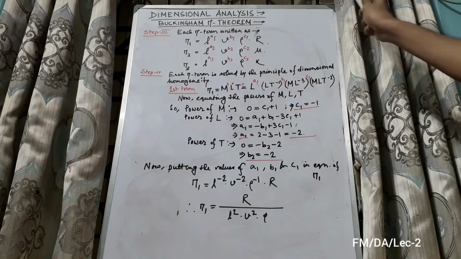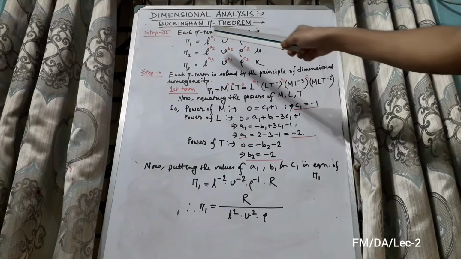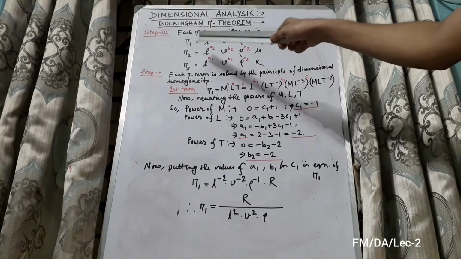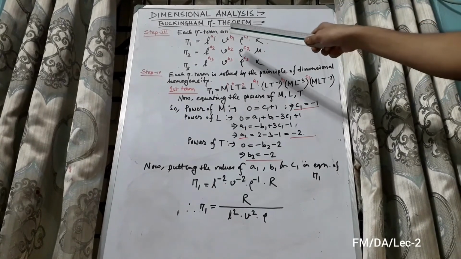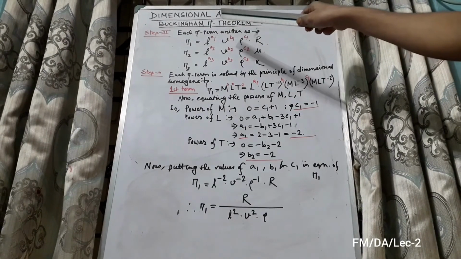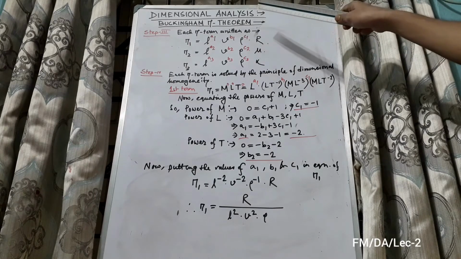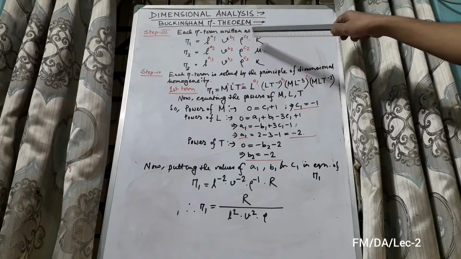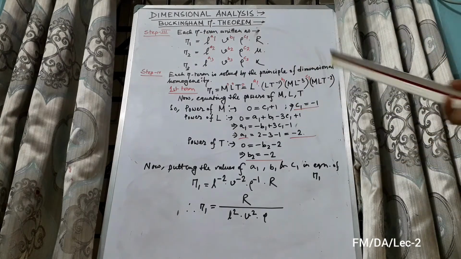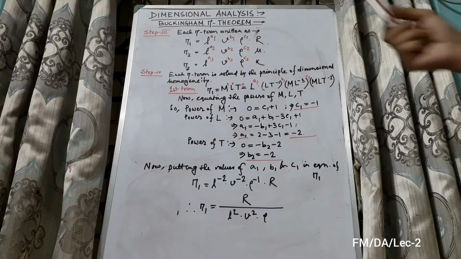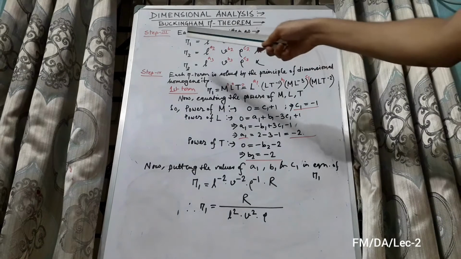M plus 1, so these 4 variables are there in each equation. Okay, pi 1 equals L to the power A1, then V to the power B1, and rho to the power C1, and one variable is R, which is the dependent variable.